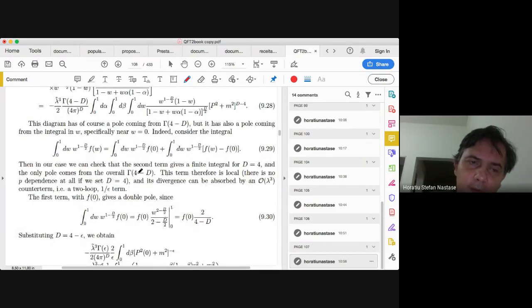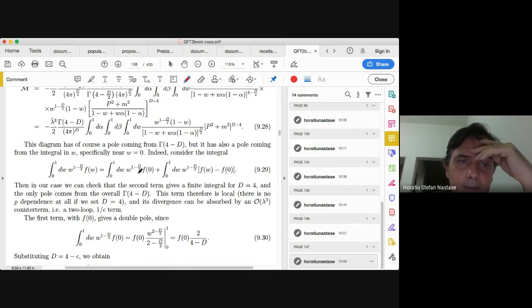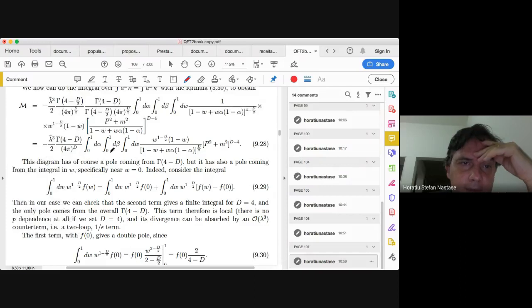So let's see what happens in this case. I have this integral. So the integral is an integral over w. There's a power, 1 minus d over 2.